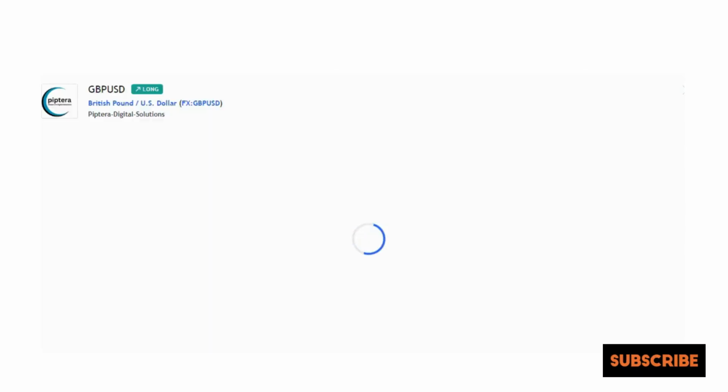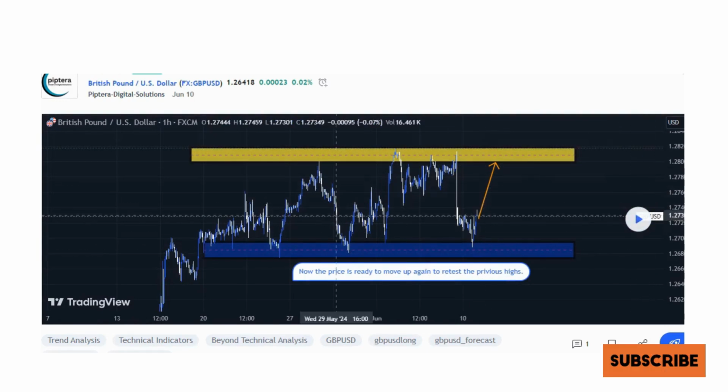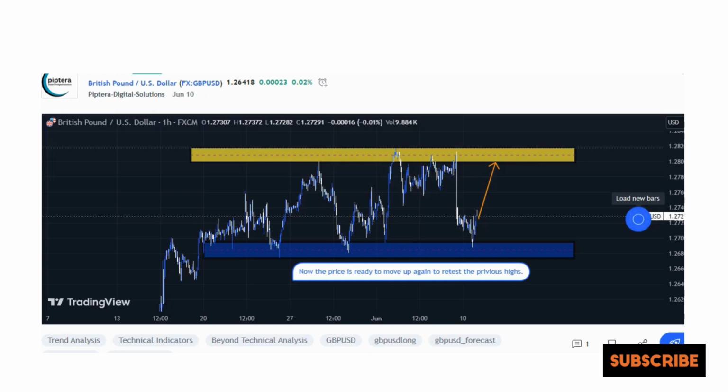Another pair is GBP USD. What we expected is to see the price move to the upside to retest the previous highs of the resistance zone. Let's see what happened.